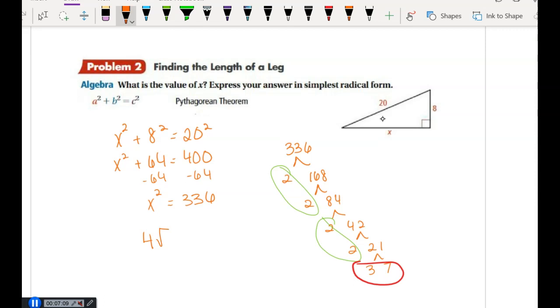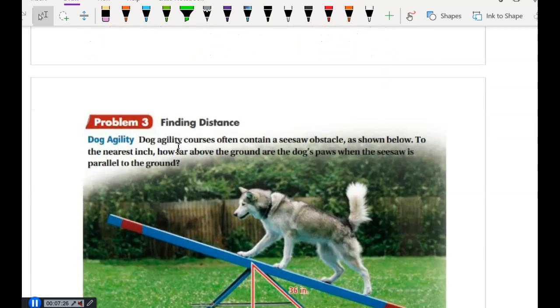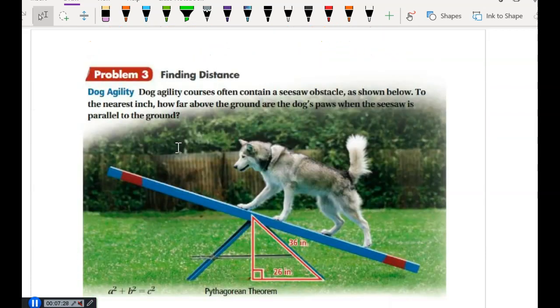So I've got 4 times the square root of 21. And I get that by 3 times 7. So that is what x is equal to, and that's an exact answer. Okay, let's take a look at this next one.